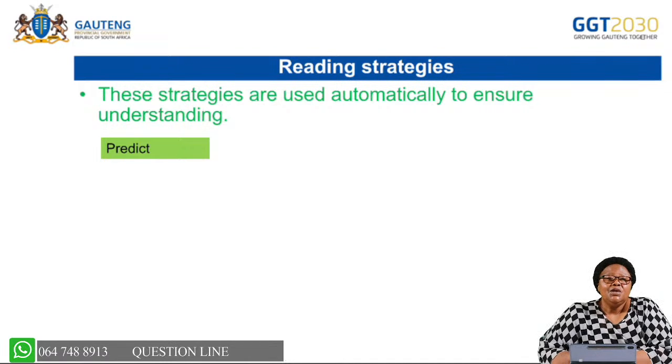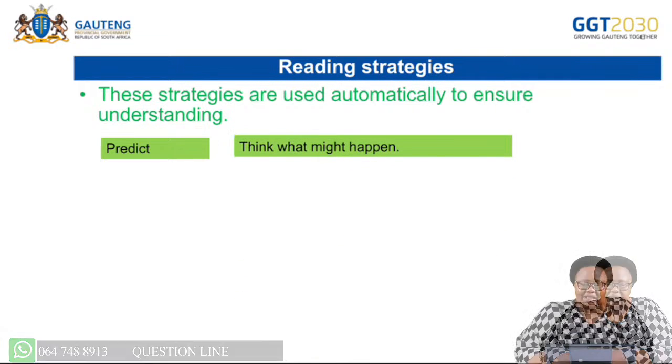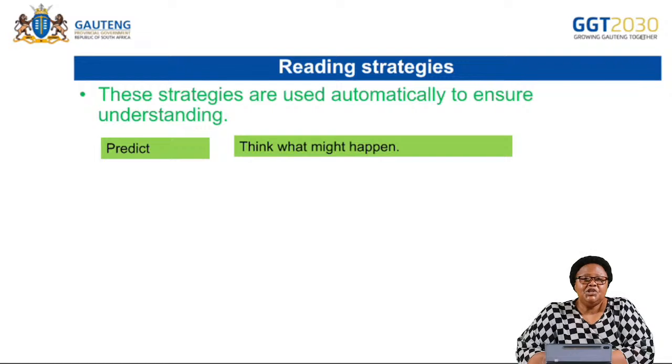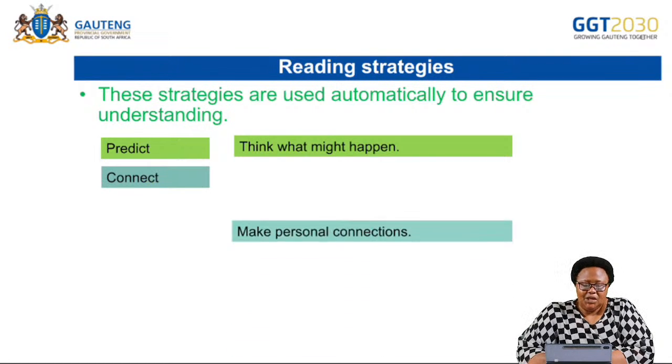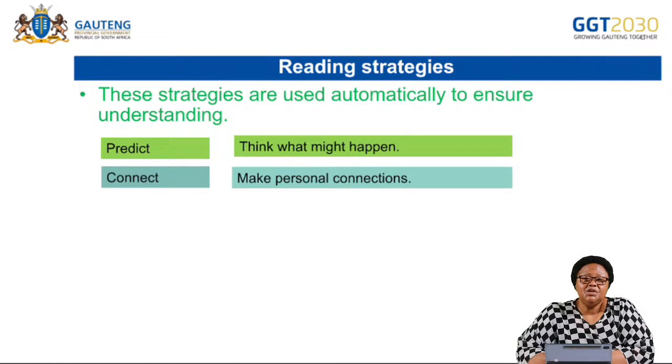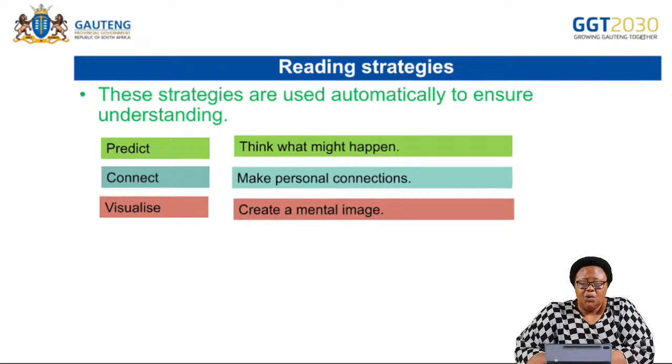Firstly, immediately you see the title, you are going to predict what this passage is about. And then you make a personal connection with the passage. You visualize. When you visualize, you create a mental image as you read.